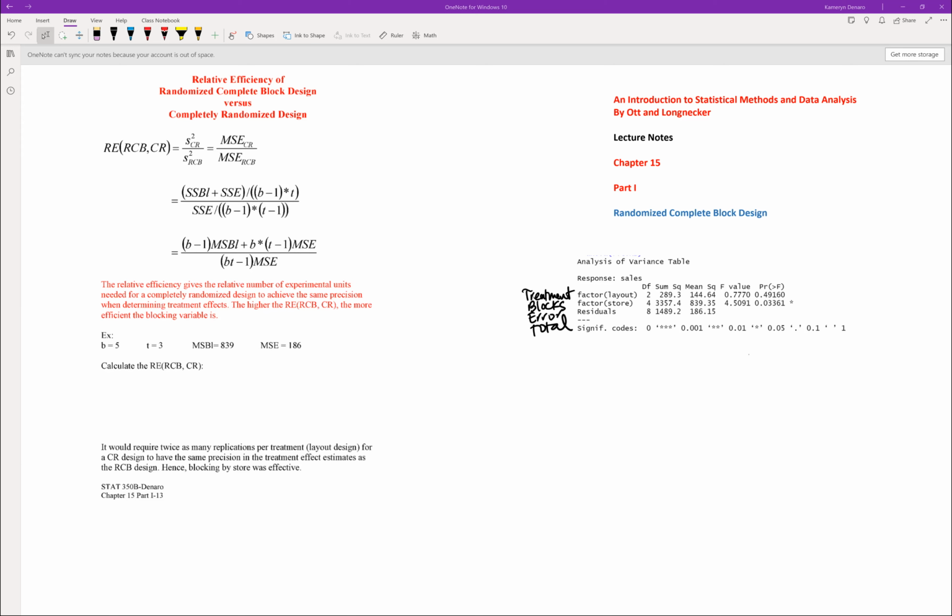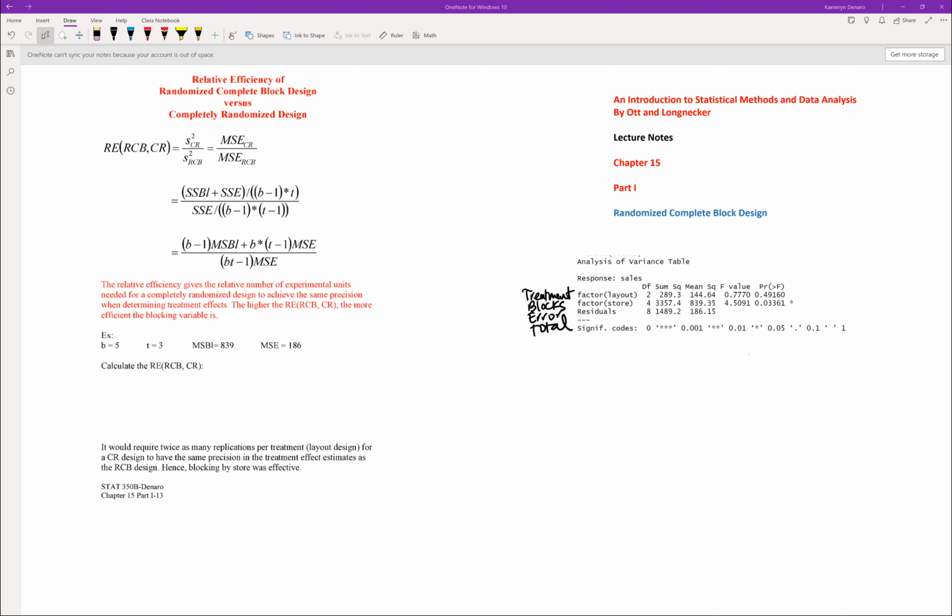The higher the relative efficiency, the more efficient the blocking variable is. So if we're blocking for things that are true confounders, that ends up being a good thing, and the block design ends up being more efficient. If you were to use a completely randomized design, you'd actually need more replications per treatment.